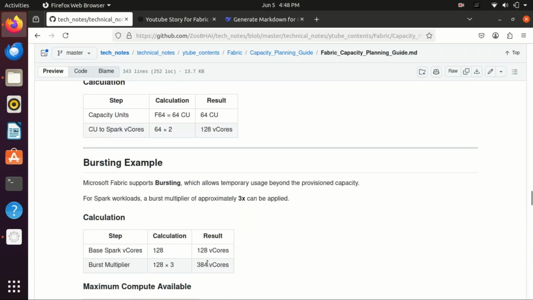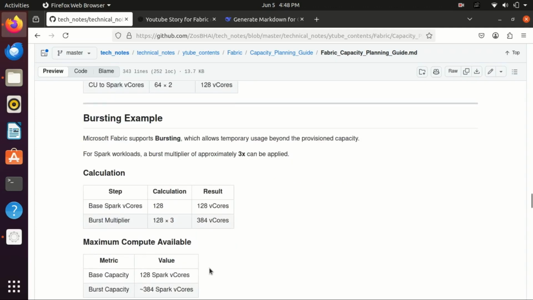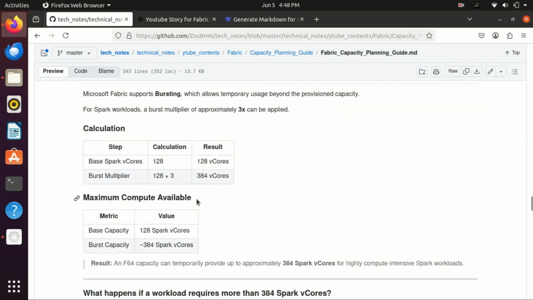A burst multiplier of 3x can then be applied, which means the maximum available virtual cores for your F64 is 384 Spark virtual cores. This means that an F64 capacity can temporarily provide up to approximately 384 Spark virtual cores for highly compute intensive workloads.